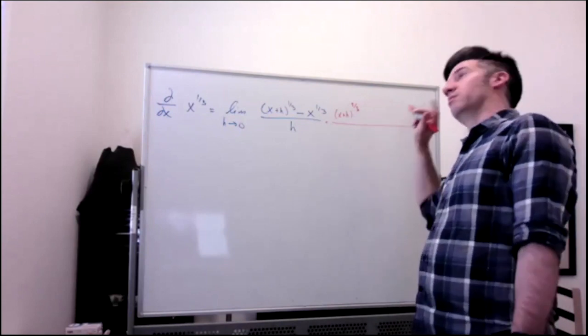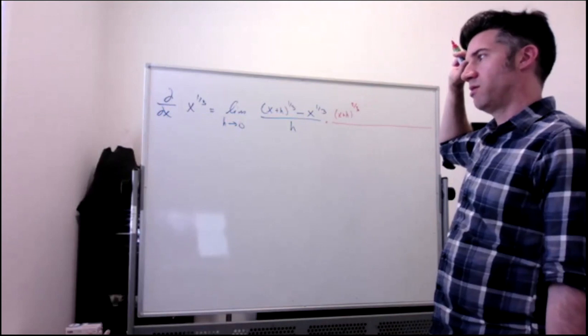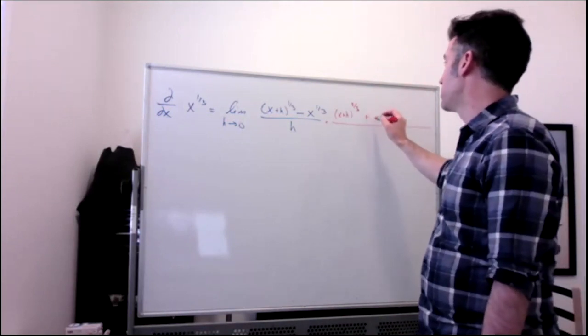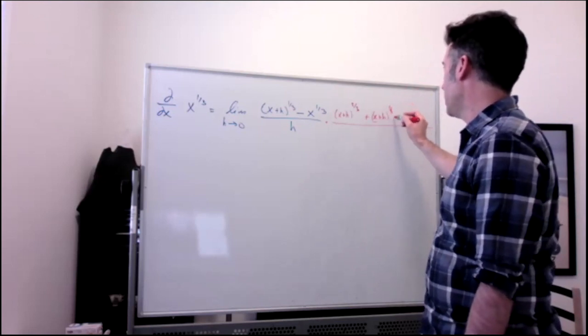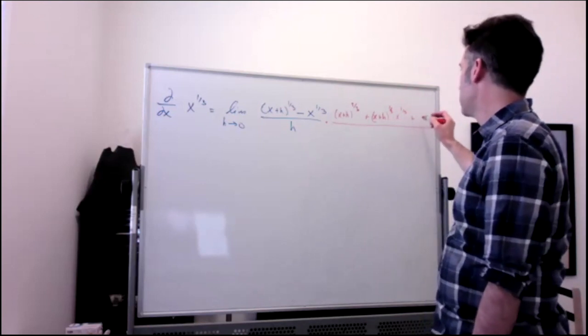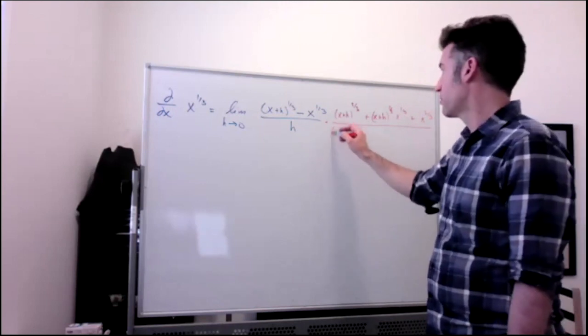Let me make sure, what are we multiplying by here? Yeah, that's right. A squared. Plus x plus h to the 1/3 times x to the 1/3, plus x to the 2/3. All over the same thing.